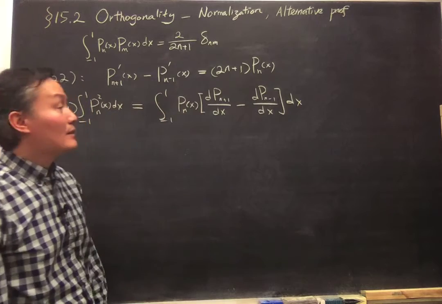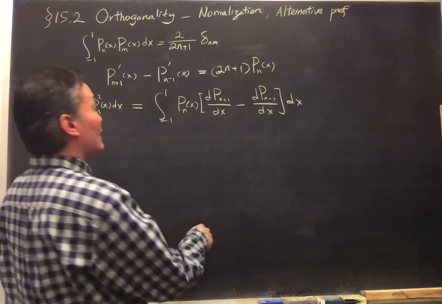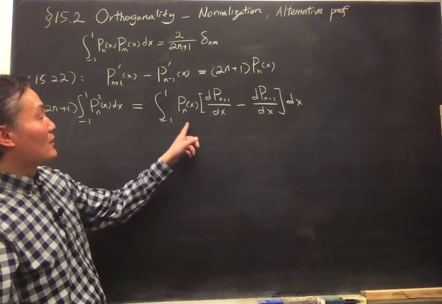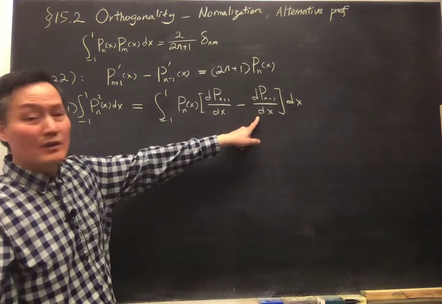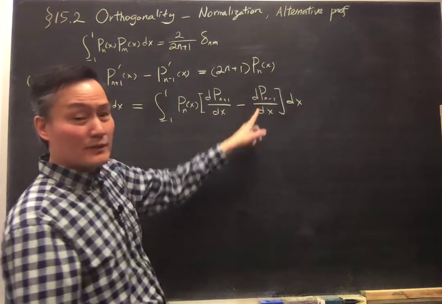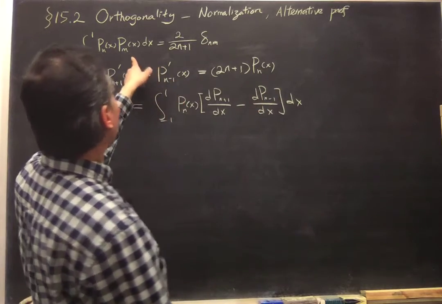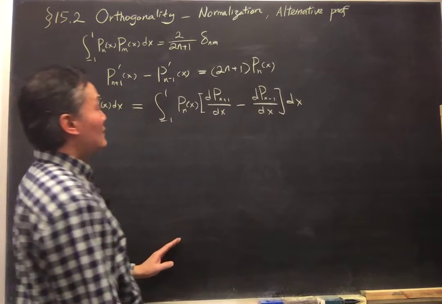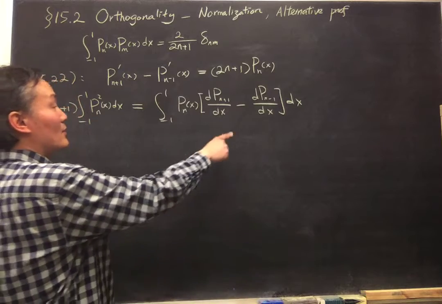Integrate over x. Now the first obvious thing is that the second term will be 0. This comes from the fact that Legendre polynomials are all orthogonal.